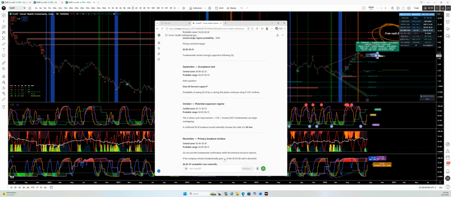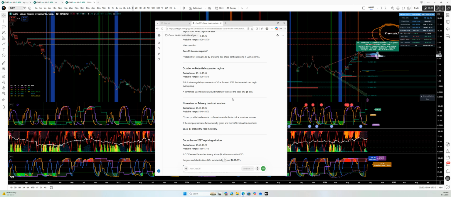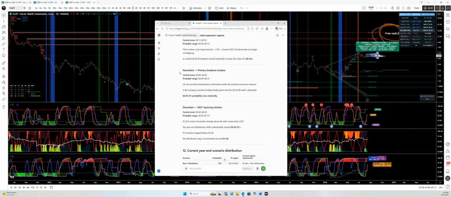Could surprise me being October, but thinking November, right there dead in the center. If not, then December. But that's my analysis. That's what I came up with.